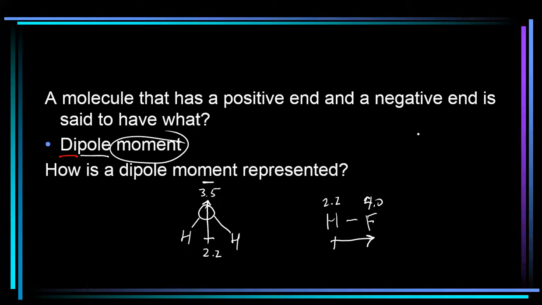In Greek, the uppercase for D is the triangle. The lowercase is that kind of stylized letter D. So what you do is you put a little stylized letter D negative, and a D positive. That's another way of showing that you have a dipole.